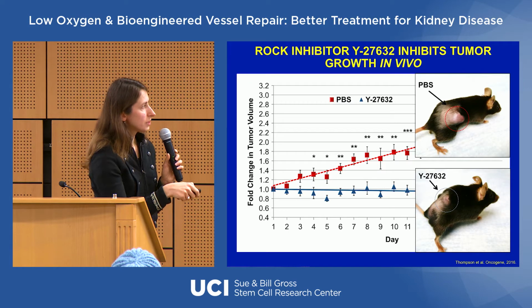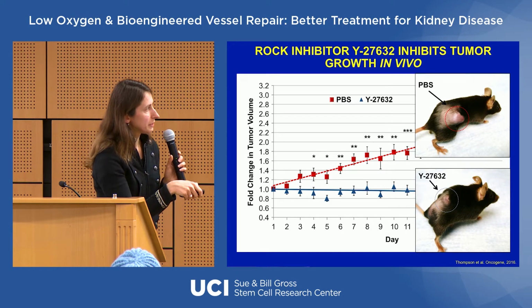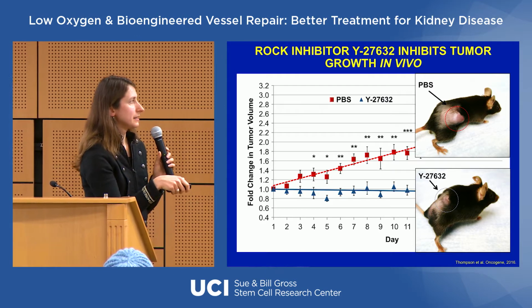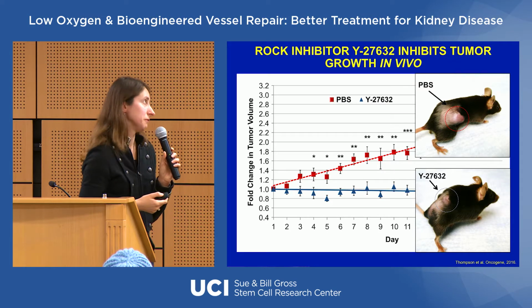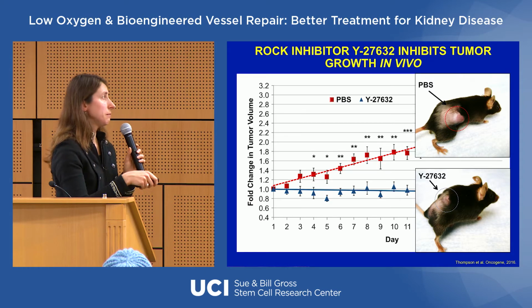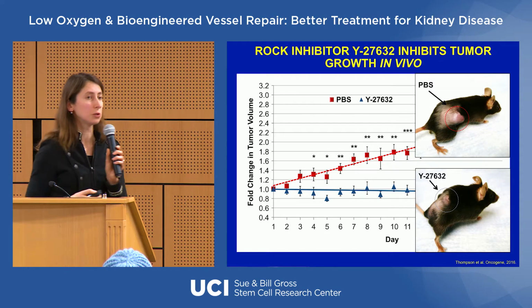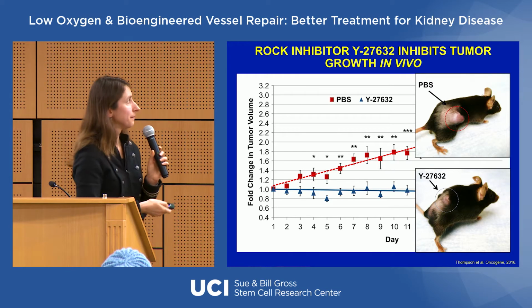These are the pictures. This is what we started from. This is the tumor volume. And then it stayed the same for the drug-treated group, and then it more than doubled for the group not treated with the drug. So we stabilized the tumor. It did not grow over time.